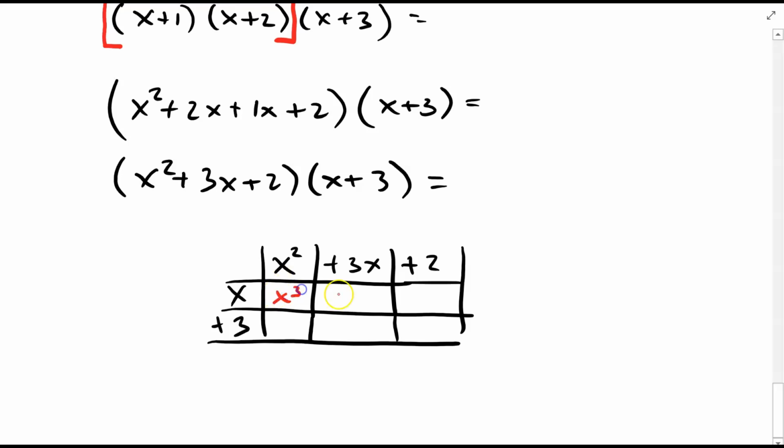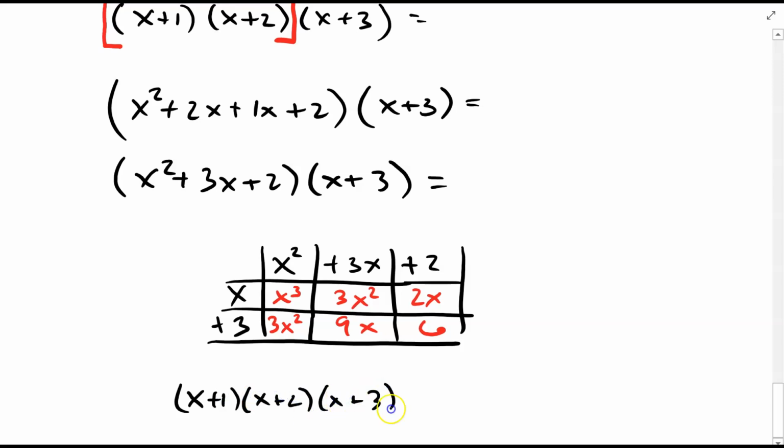So let's see, if we multiply then inside our grid, oops, what's there? And then if I combine my like terms, I get that x plus 1 times x plus 2 times x plus 3 is x cubed plus 6x squared plus 11x plus 6.